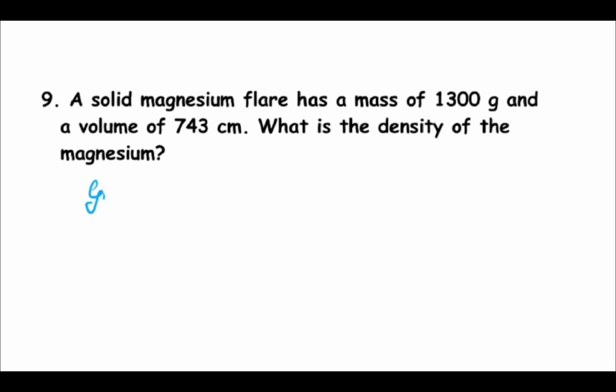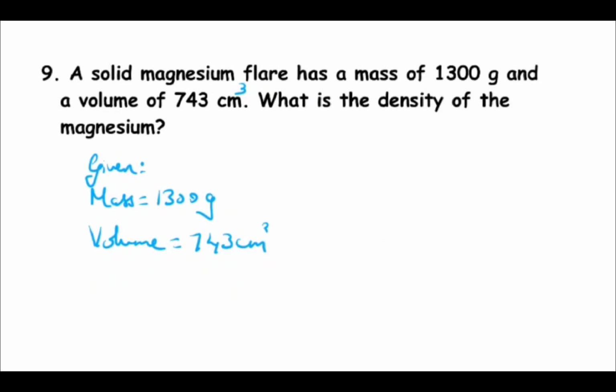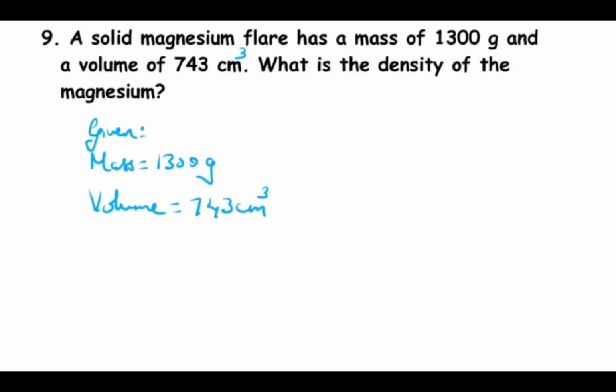So given, mass is equal to 1300 grams, and a volume of 743 centimeters, or rather, there's some typing error, it should be centimeter cube. A solid magnesium flare can be maybe an irregular object. What is the density of magnesium?